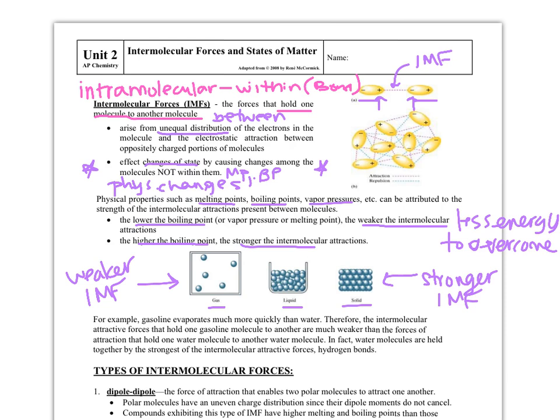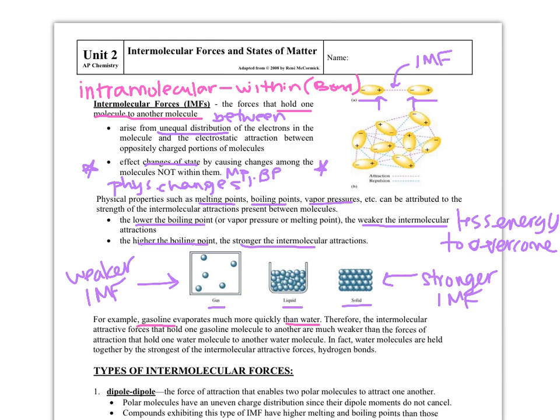So if I'm comparing two different substances, for example, down right below, is gasoline. So if I have gasoline versus water, gasoline evaporates much more quickly. So we know the intermolecular attractive forces that hold gasoline molecules to each other are weaker.